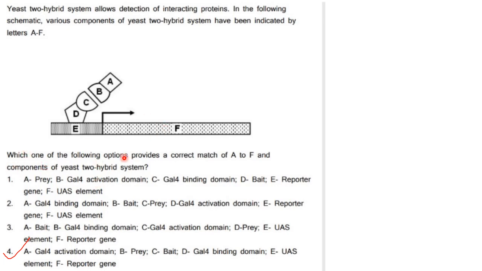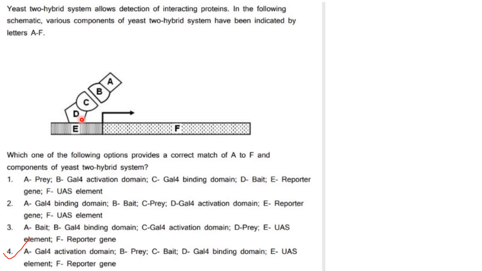Which one of the following options provides a correct match of A to F and components of the yeast two-hybrid system? So E will be your UAS. F will be the reporter gene. So that will cancel out 1 and 2.